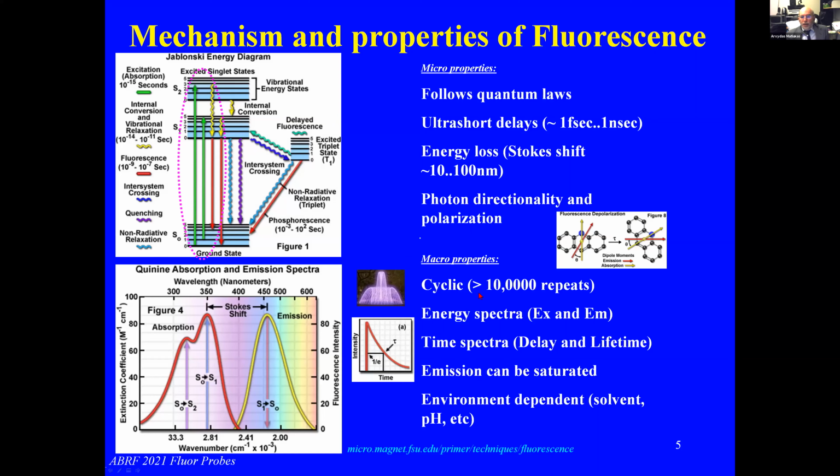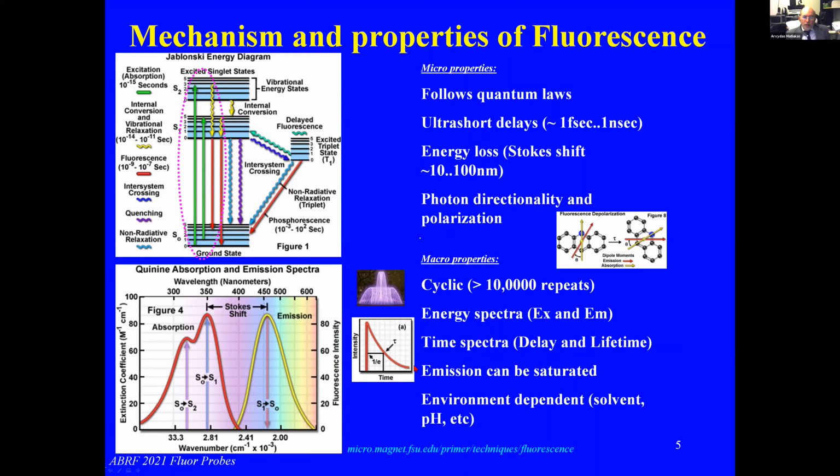And typically, until the fluorescent process is killed, which we will talk about later, for example by photobleaching, it repeats on the order of 10,000 times. On a macro scale, it produces absorption and emission spectra. They may have a single peak and may have several peaks corresponding to transitions between different states.